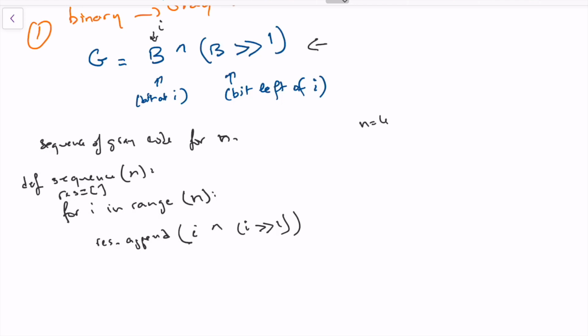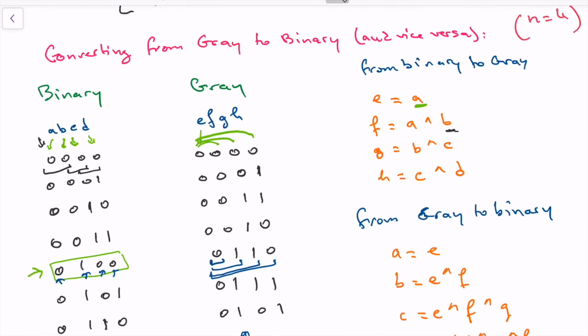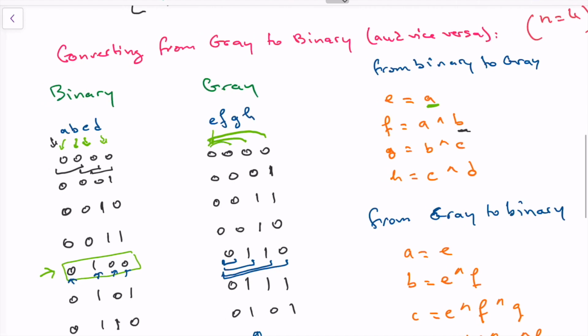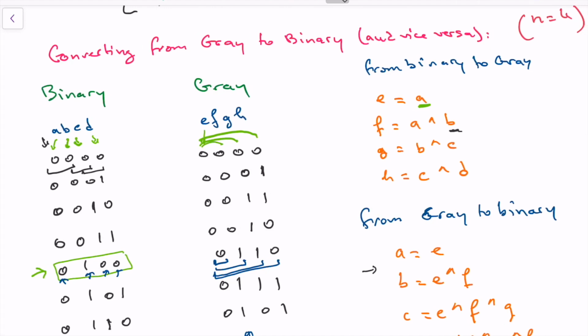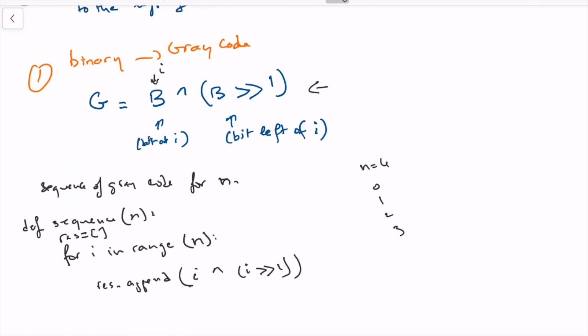For n equal to 4, I would be 0, 1, 2, 3. We get the binary representation of these and convert them using this formula to gray numbers. That way we'll get the sequence for n equal to 4. And that's pretty much it.